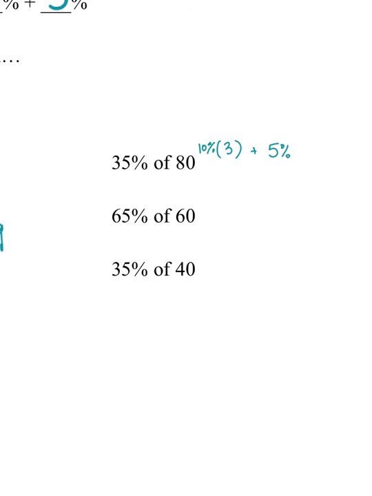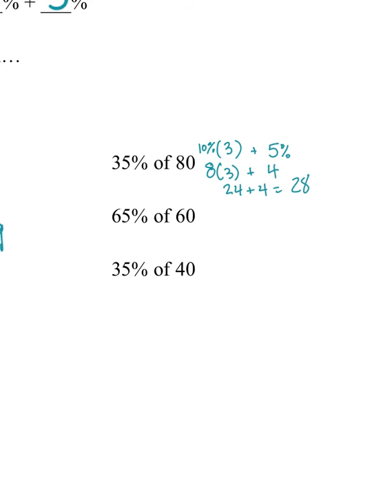So first of all, what's 10% of 80? 8. Okay, if 10% is 8, what is 5%? 4. Okay, and then I'm multiplying 10% times 3, so I'm going to multiply that by 3. So that's 24 plus 4 is 28.